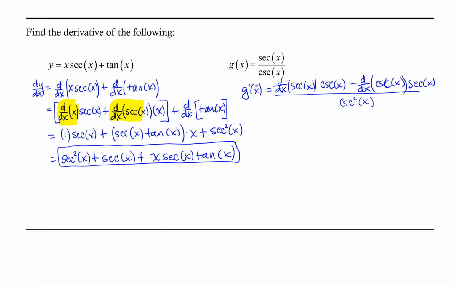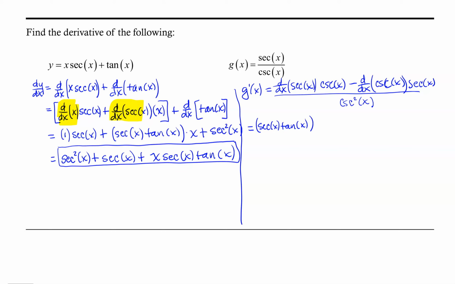At this point, let's go ahead and insert what we know about the derivatives of secant x and cosecant x and try to make some room here. So put a line there, equals, okay, our derivative of secant x is secant x tangent x.